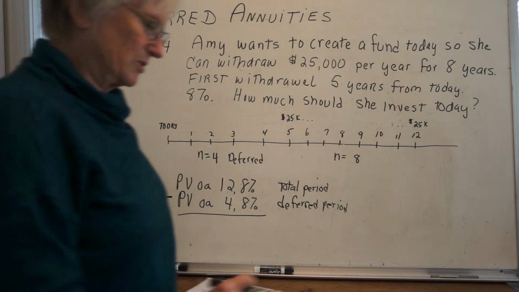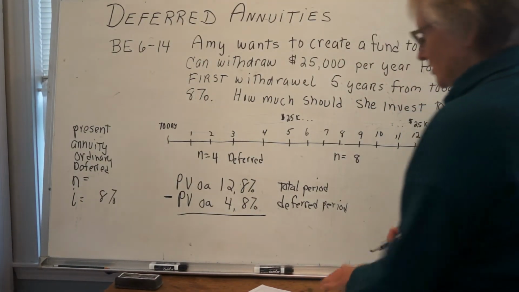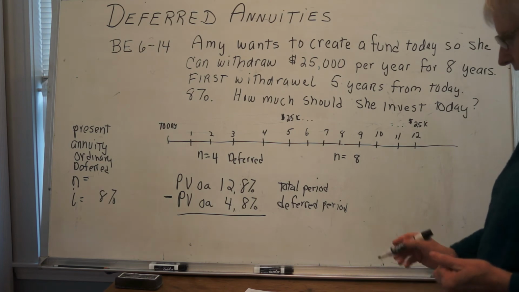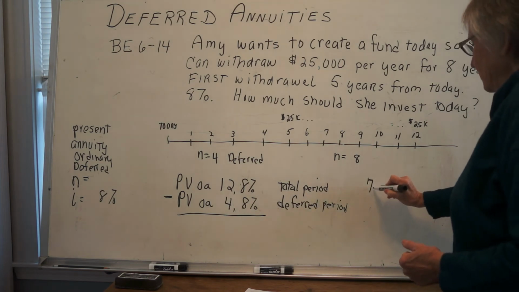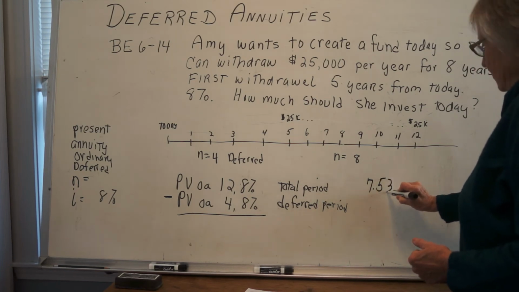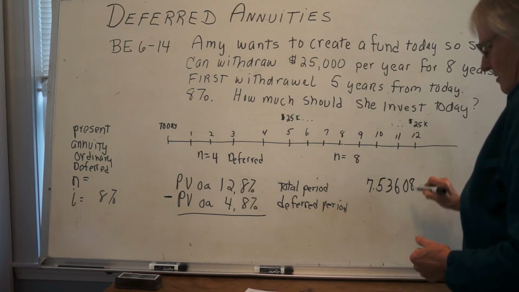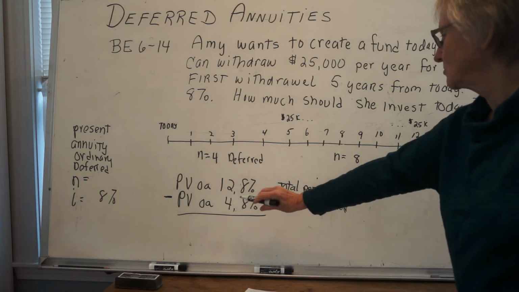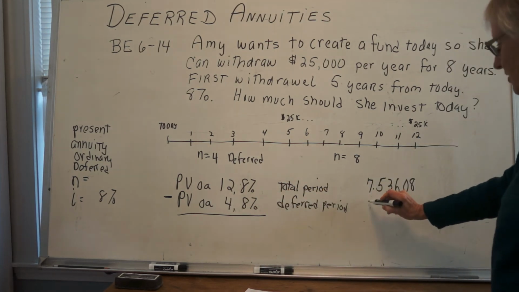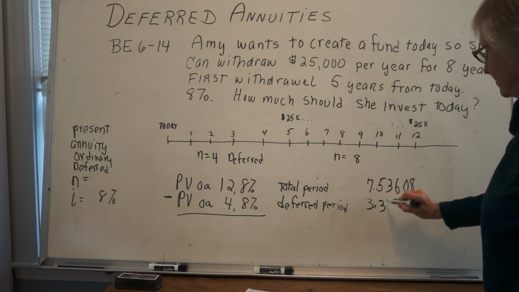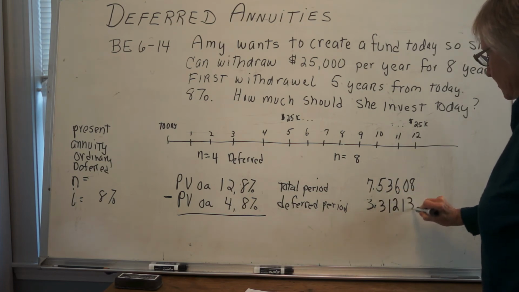If we put in some numbers here, we would go to the present value of an ordinary annuity table, N equals 12, 8%, and we would get 7.53608. For the deferred period, we go to the same table, except 4 periods, 8%, and we would get 3.31213.